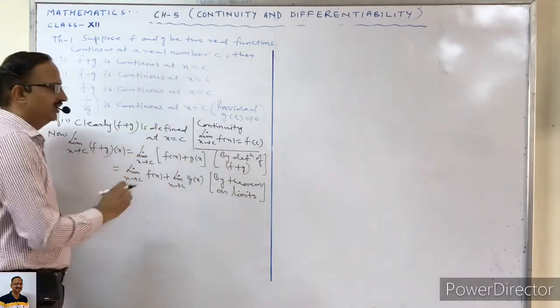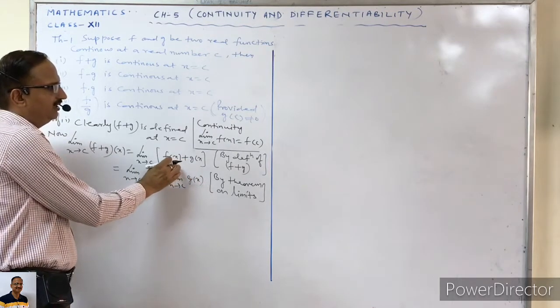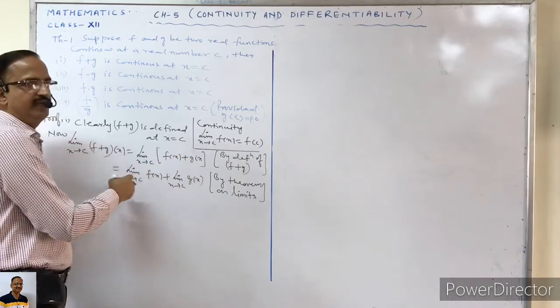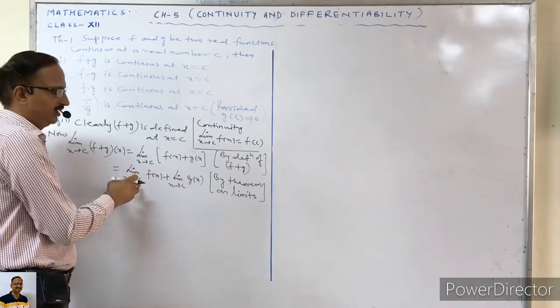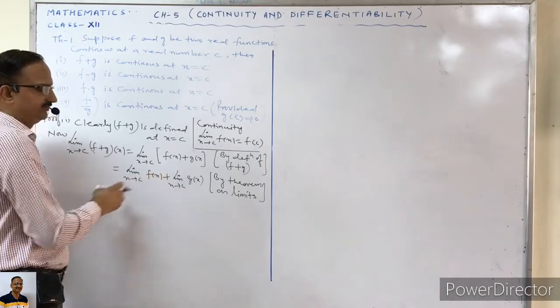It means whenever we have two functions and there is a plus sign in between these two, the limit can be separated for both the functions.